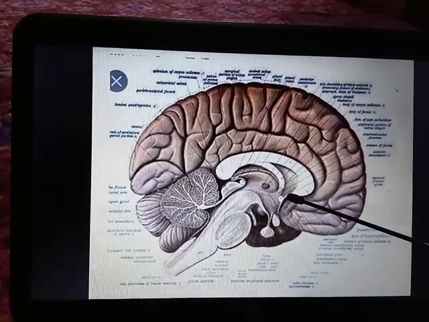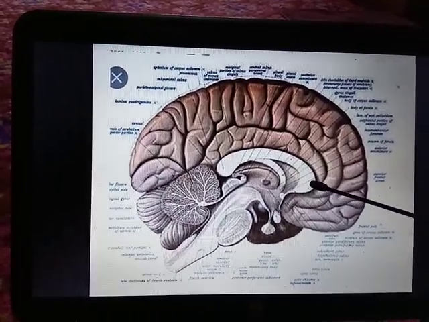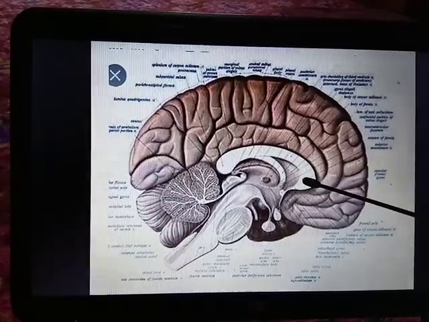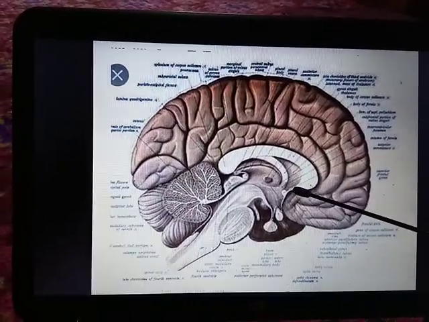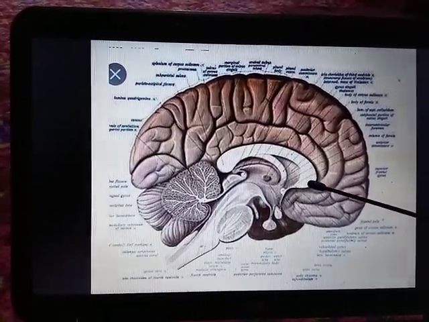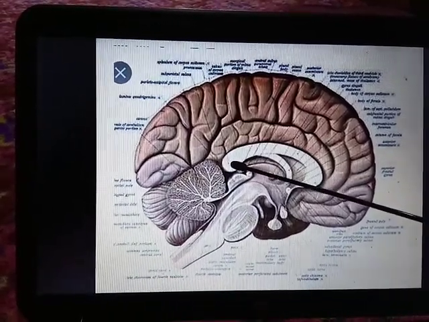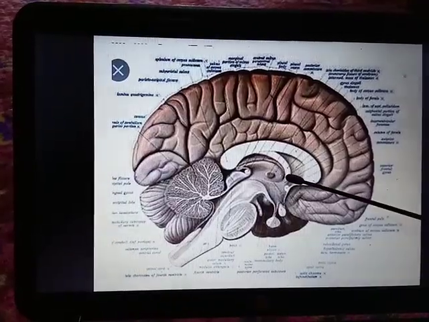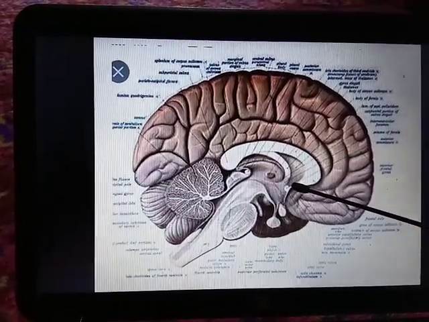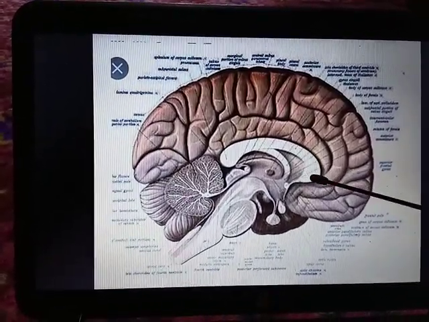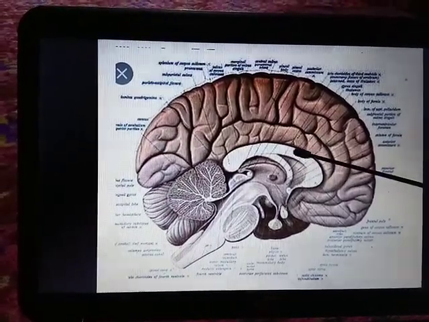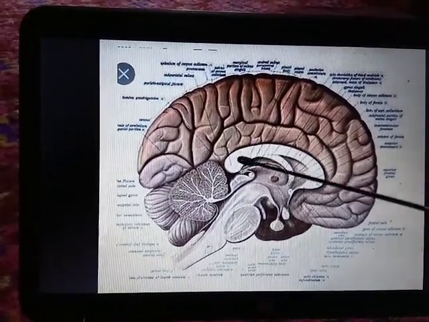This is the rostrum. This is the genu. This is the trunk, and this is the splenium.